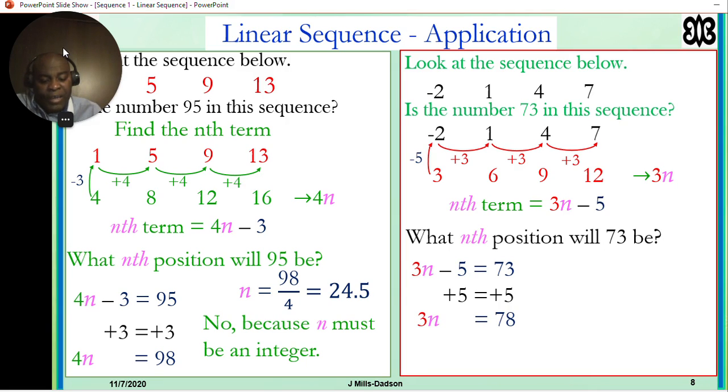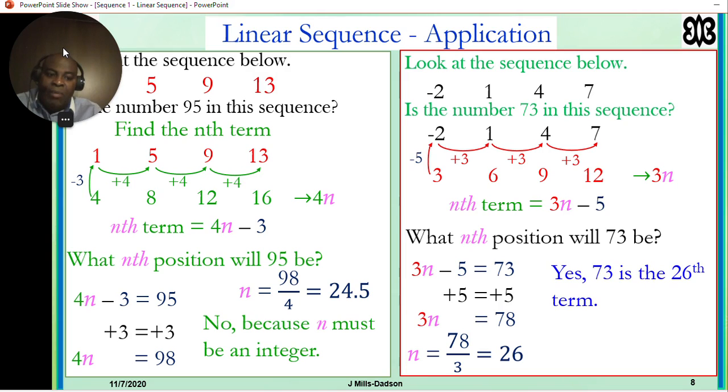Divide through by 3, sorry. We realize that n equals 26. It's exactly a whole number that we have been looking for. So that means that if we carry on this sequence, in the 26th place, we're going to see the number 73 there. So we say yes, because 73 is the 26th term.